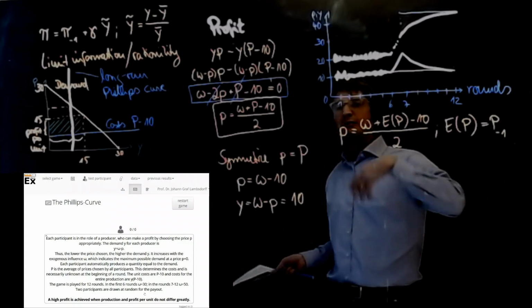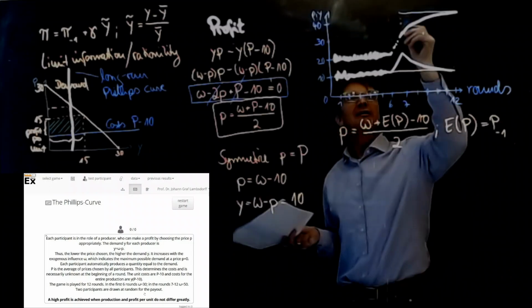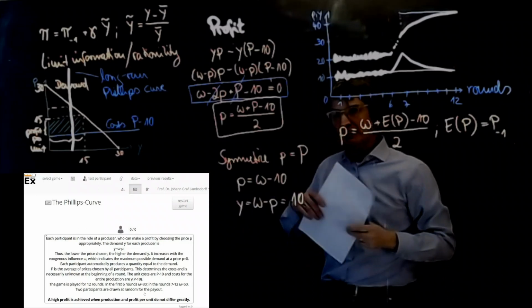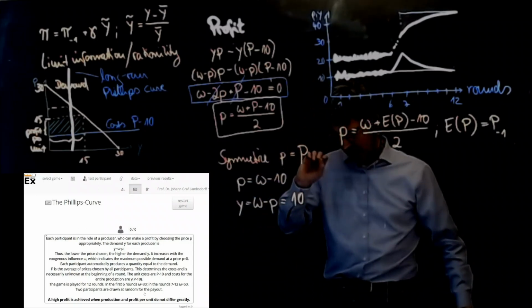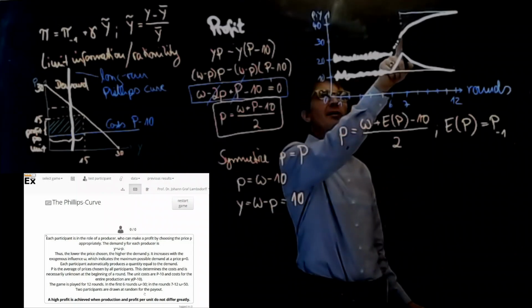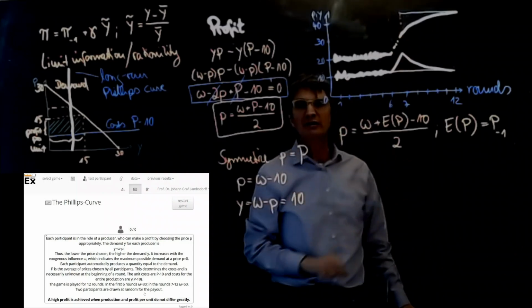And again, if you believe all the other ones are so smart, then you should go here, here, here, here, and so forth. But it requires infinite steps of reasoning to make it all the way to the equilibrium.